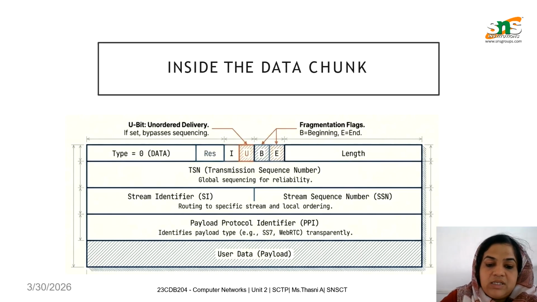Next is the TSN, the Transmission Sequence Number, which is a global sequencing for reliability. Then the stream identifier, SI, which routes to a specific stream with local ordering, and the stream sequence number, SSN. Next is the payload protocol identifier, which helps identify the payload type like SS7 or WebRTC transparently. Next is the user data payload.